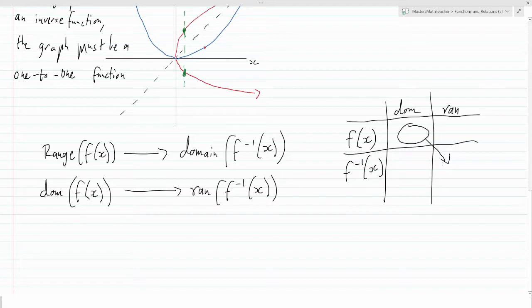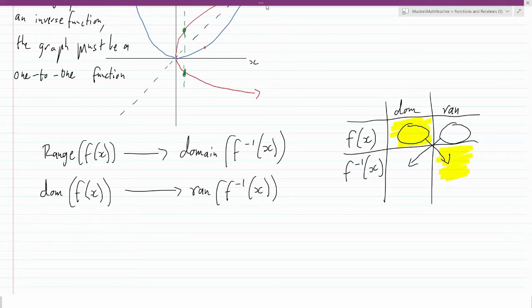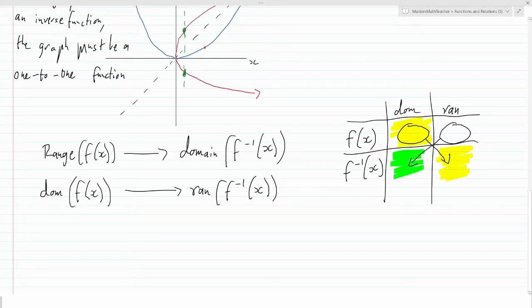It switches. The RAN of this is now the domain of the inverse. And so we can highlight these boxes to show that they are the same. And if you write this down with every single question, if you fill in the domain and range you know, you then can find the domain and range of the one you don't.